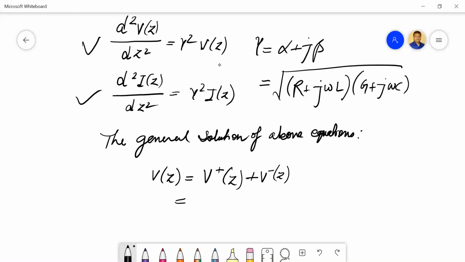If you expand this, it will be V naught plus e to the power minus gamma z plus V naught minus e to the power gamma z.